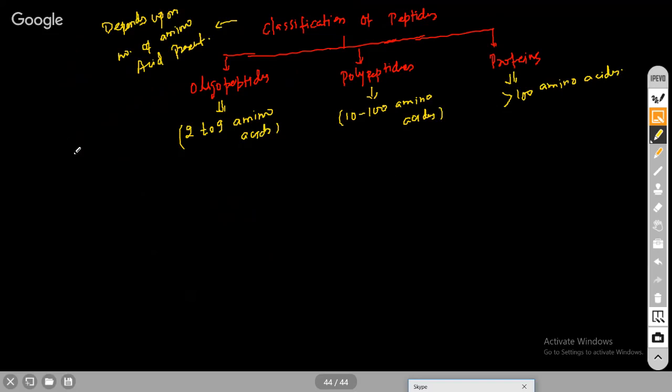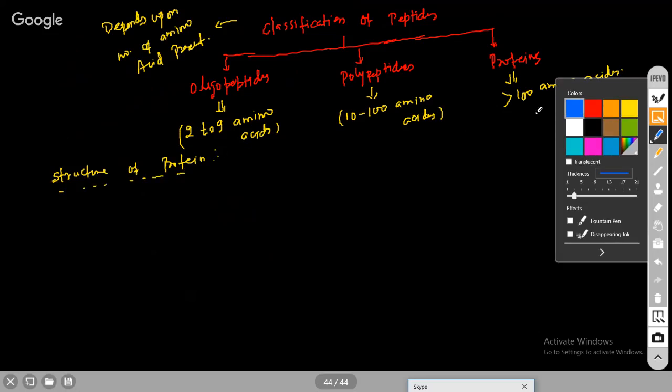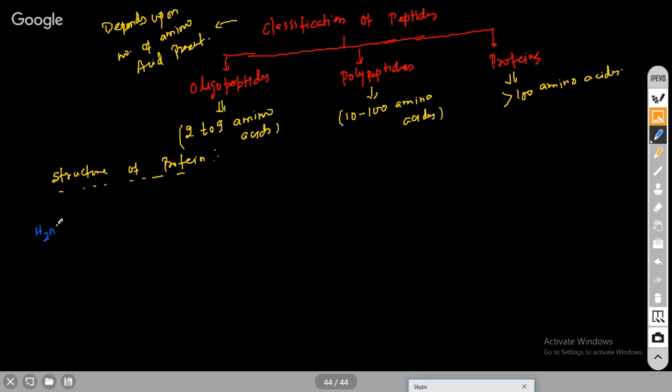Now, like I said in the structure of protein that we were discussing previously, you will get a long chain compound by peptide linkage, and that will be like this: H2N CG1 H, C double bond O, NH, CG2, C double bond O, NH, CG3, C double bond O, H, and like this it goes.